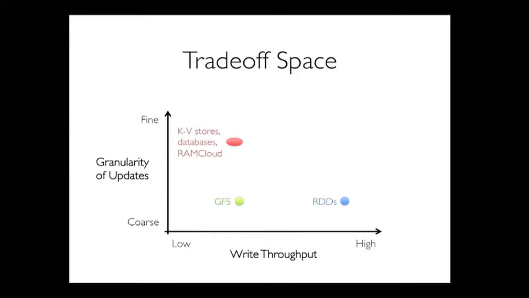Just to put this in perspective, here's a trade-off space that shows RDDs as a storage abstraction. This is comparing two dimensions, the granularity of updates you allow and the write throughput. On the left, we have things like key value stores, databases, RAMCloud, which are in-memory storage systems. They allow fine-grained updates, but they're limited by the network bandwidth in terms of throughput.